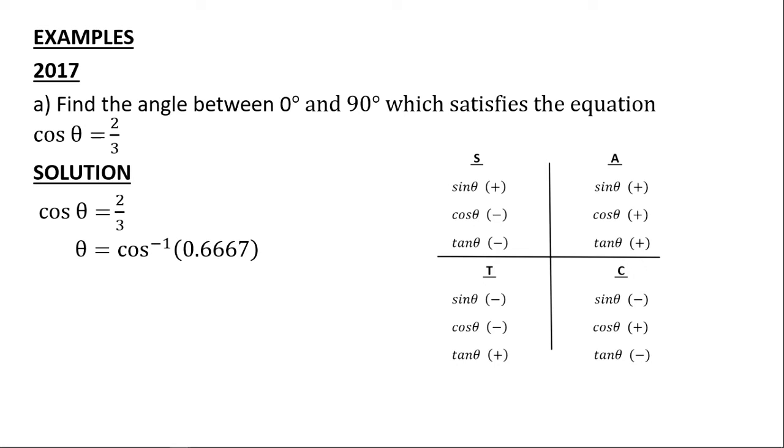If you convert 2/3 into a decimal, it is the same as 0.667. Find cos inverse of 0.6667. You'll find that our theta will be equal to 48.19 degrees. You can even round it off to 48.2 degrees.